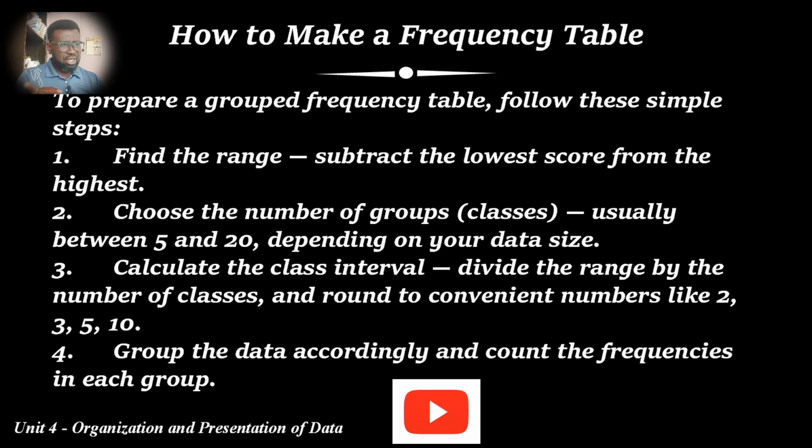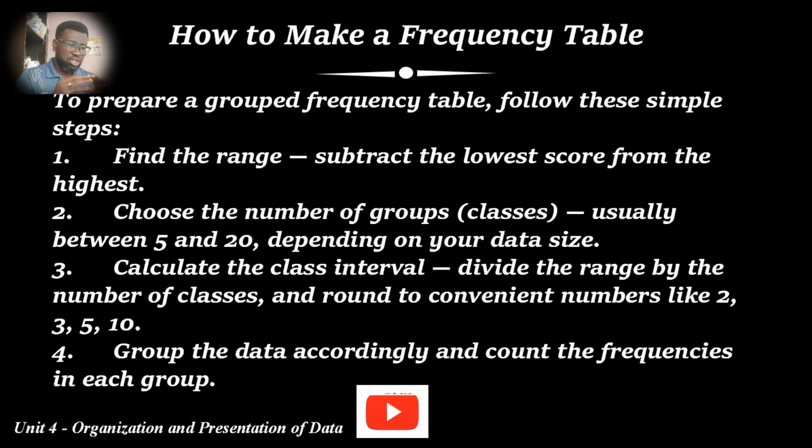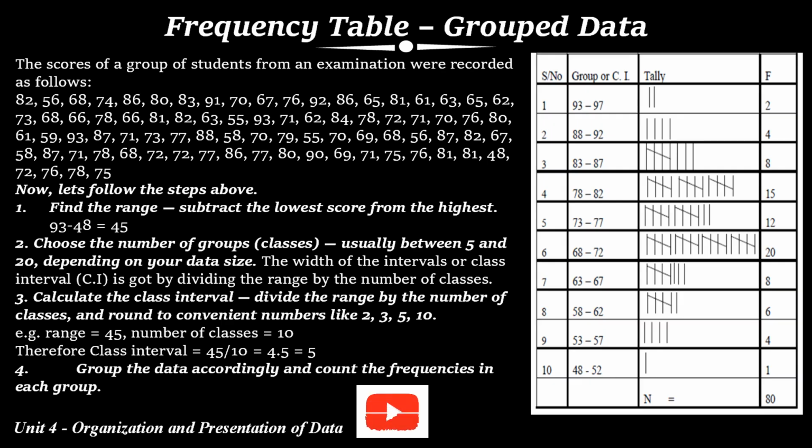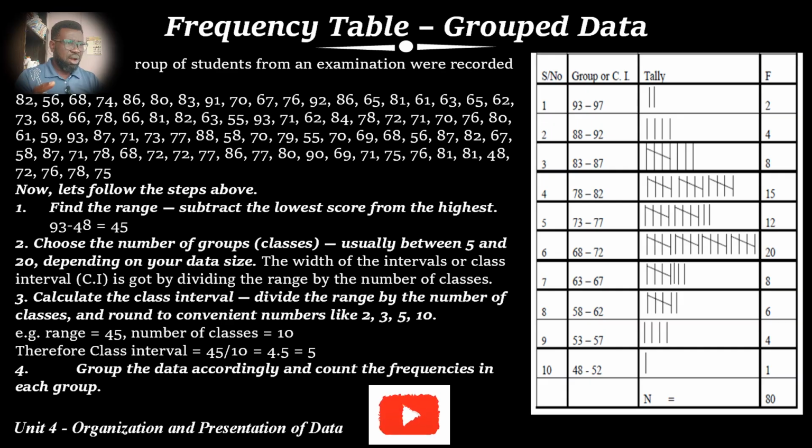Then the fourth step is group the data accordingly and count the frequencies in each group. And then you are good to go. That is simply how a frequency table is drawn.